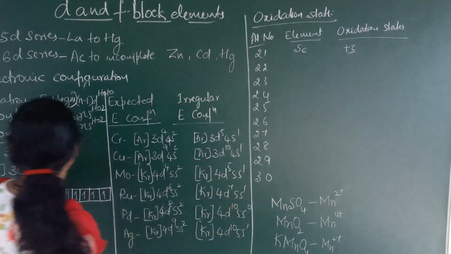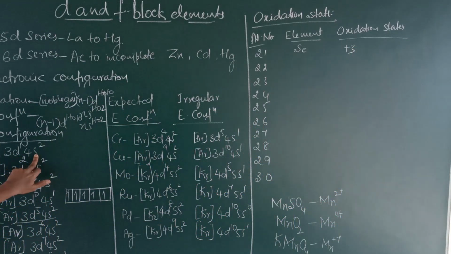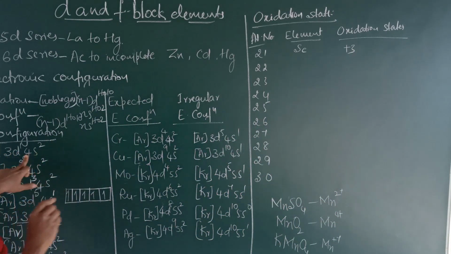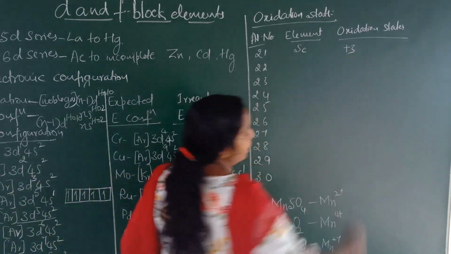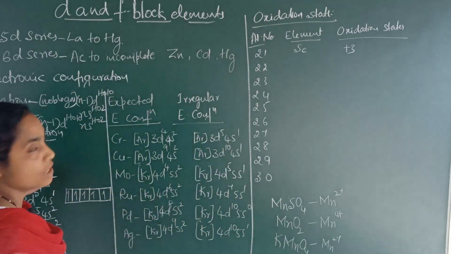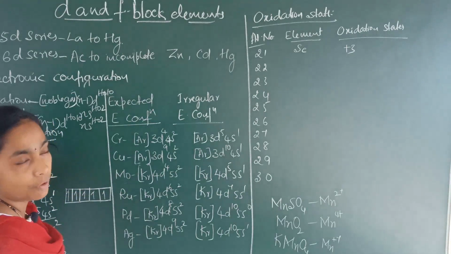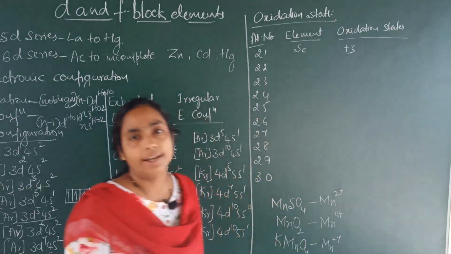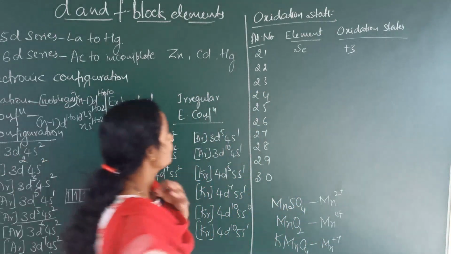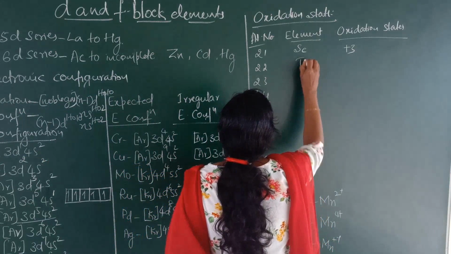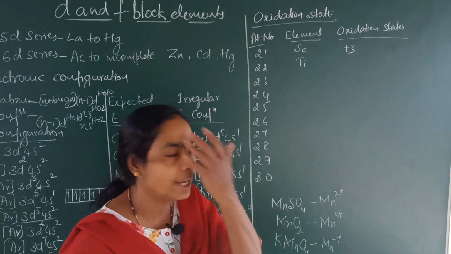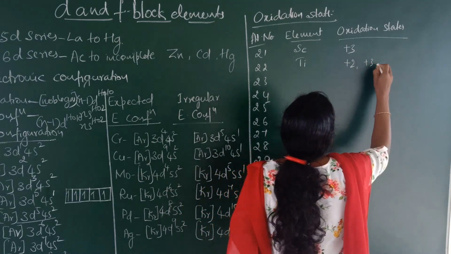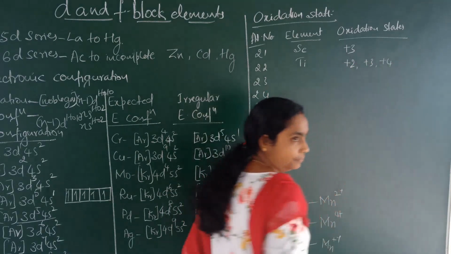That means all the valence electrons are involved in the chemical bonding process: 2 electrons from s orbital and 1 electron from d orbital, and the oxidation state shown by scandium is +3. Next, titanium. Titanium shows 3 oxidation states, +2, +3 and +4.